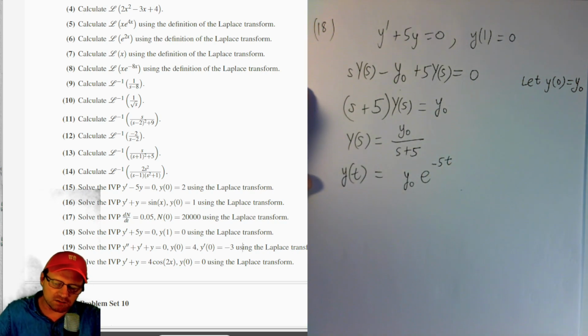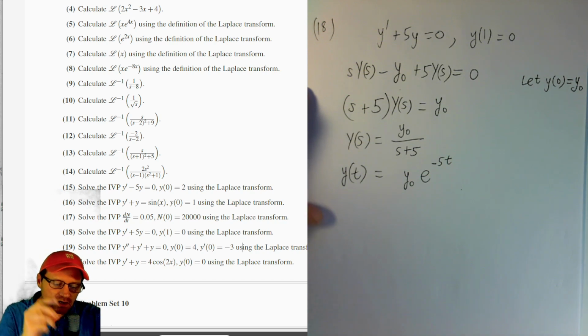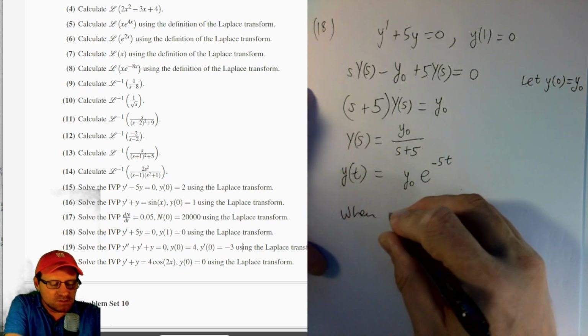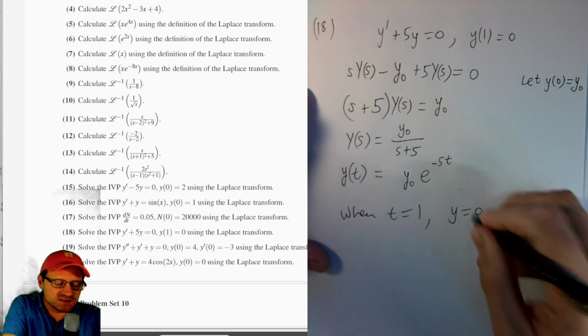All right, now can we do anything more with that? Okay, so when t is equal to 1, we have y equal to 0.